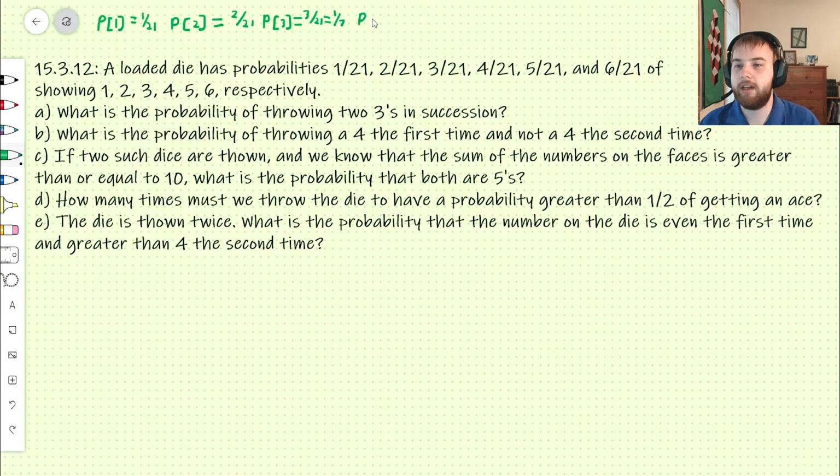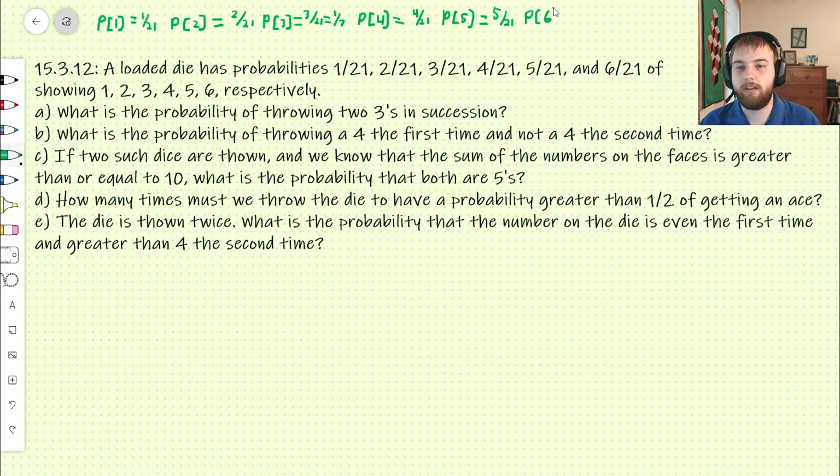The probability of a 4 is equal to 4 out of 21. The probability of a 5 is equal to 5 out of 21, and the probability of a 6 is equal to 6 out of 21.